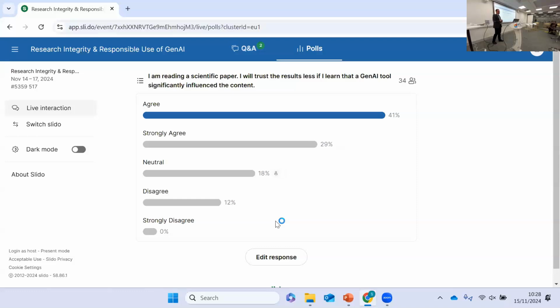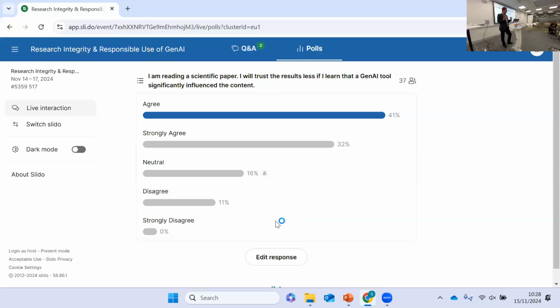Okay, now it is not so clear. But yeah, agree, strongly agree. The largest number is here, agree. But if you sum up agree and strongly agree, it's like three quarters of people. And this was quite expectable.